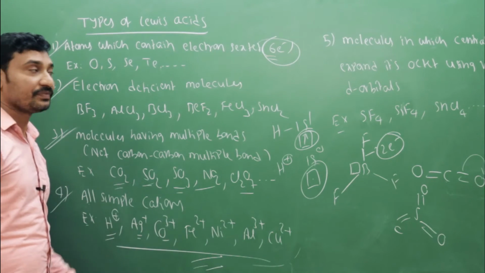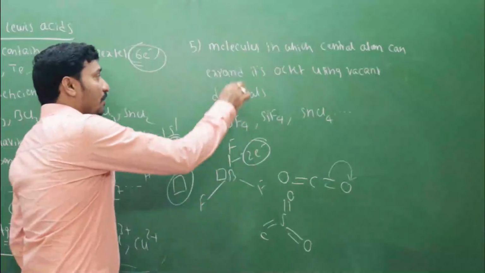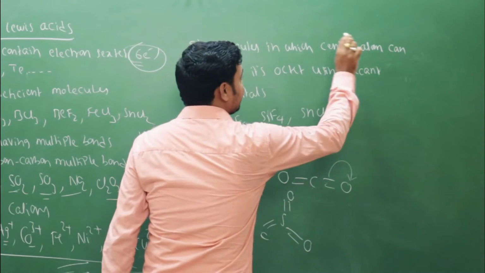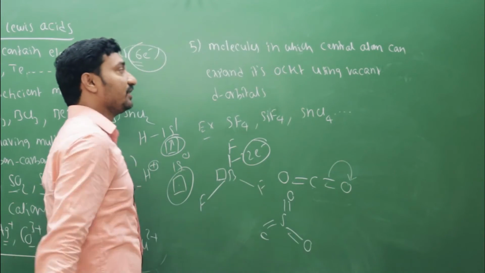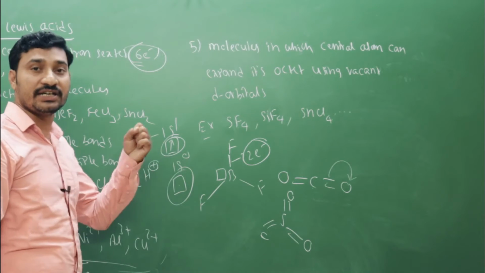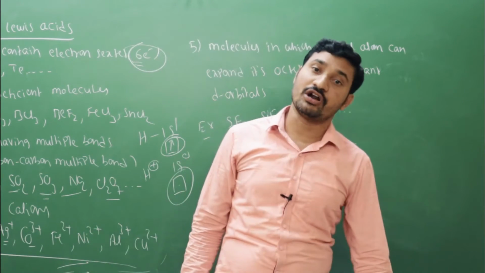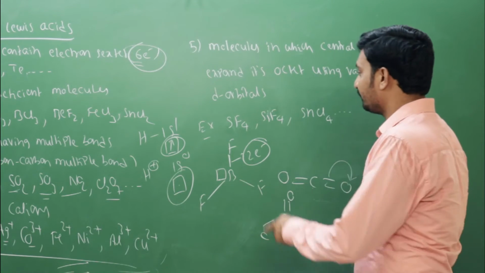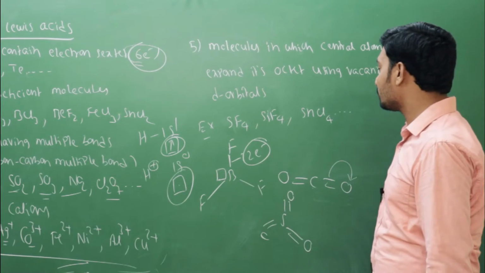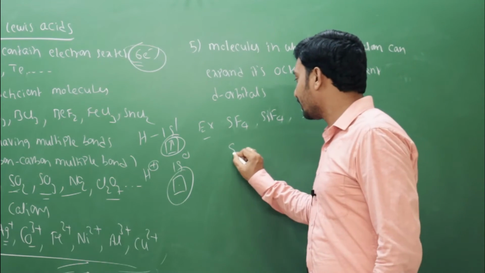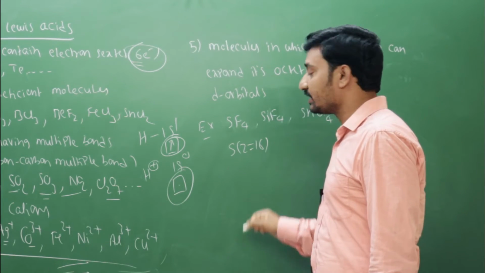Okay, next one, molecules in which the central atom can expand its octet using vacant d orbitals. Some atoms have vacant d orbitals, for example sulfur. In SF4, sulfur, you know sulfur atomic number Z is equal to 16.